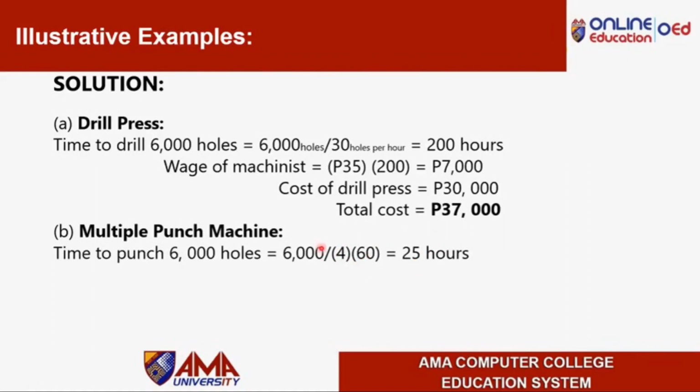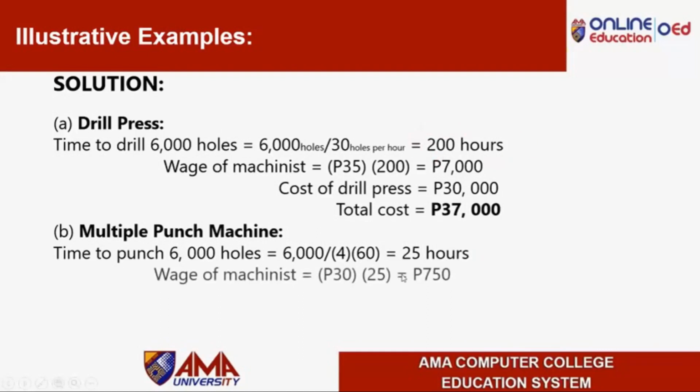So 6,000 divided by 4 multiplied by 60 minutes is equal to 25 hours. So you will notice you only need 25 hours to finish the 6,000 holes, unlike the drill press, which is 200 hours.